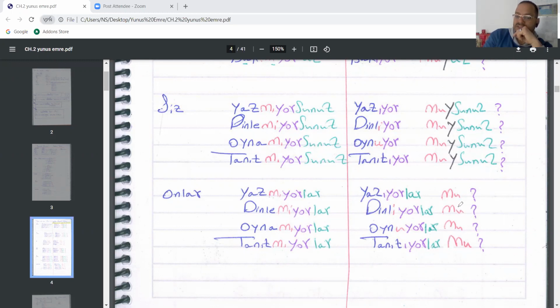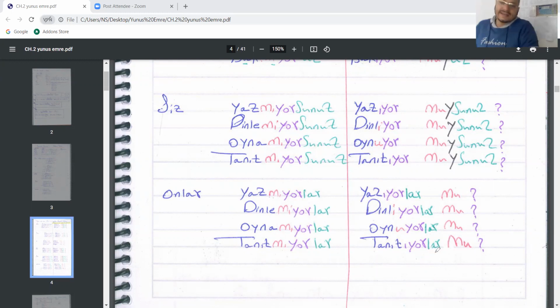Dinliyorlar mı, depending on this a here. Oynuyorlar mı, another one depending on ler. Why? Ler here is constant because the r here is constant. Tanıtıyorlar mı? It depends on this ler. Here we have a different situation from the other.